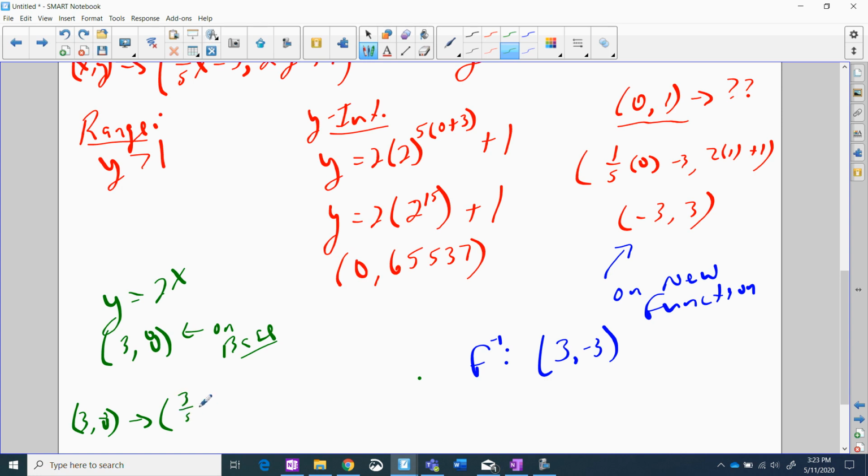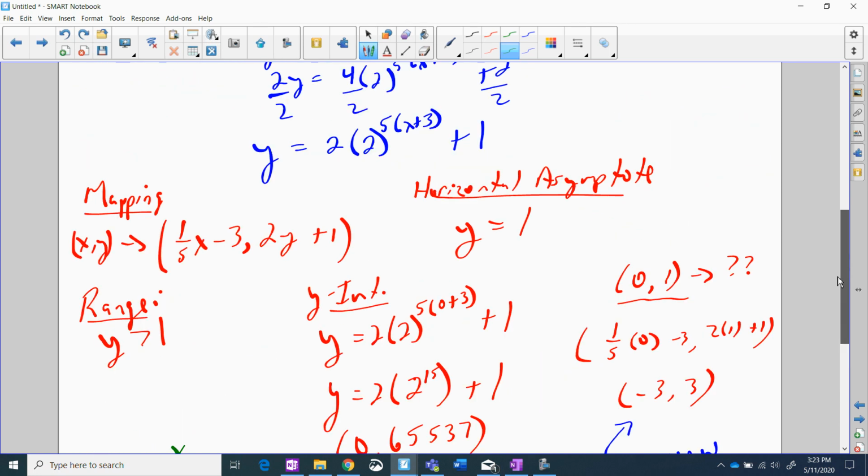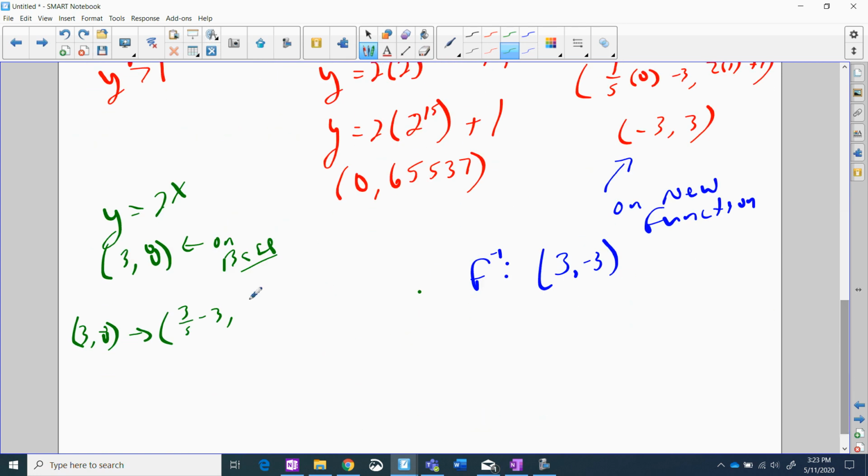Then put 8 in for your y value, using the regular mapping. 2 times 8 is 16 plus 1, that's going to be 17. This is 3/5 minus 3, and 3 over 1 would be 15/5. So this would be 3 minus 15, which is -12/5, comma 17.